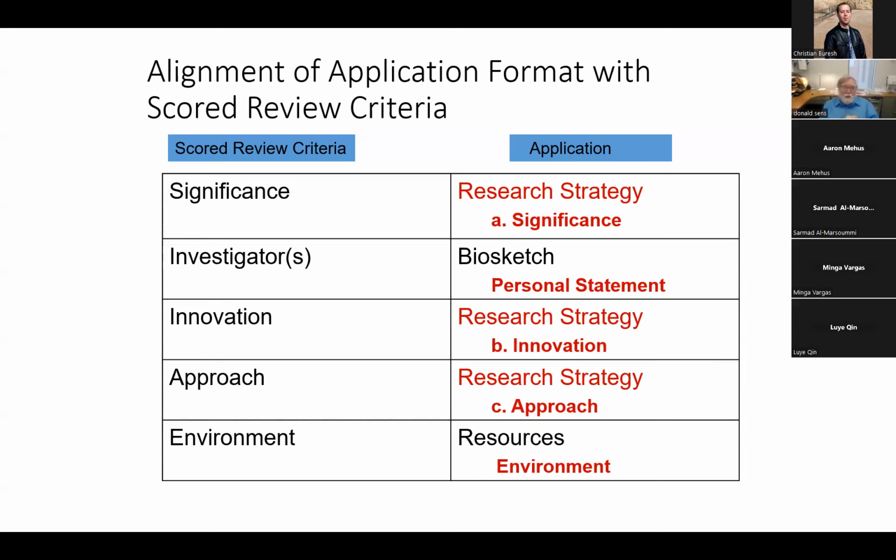The other scored thing will be your innovation. It's usually fairly short, maybe a paragraph, not much more than that, but why your research strategy is special, why it's unique, and why it will lead to a new paradigm. The approach is where most people, when they review, actually take a lot of time, and that's your research strategy of how you're going to do it.